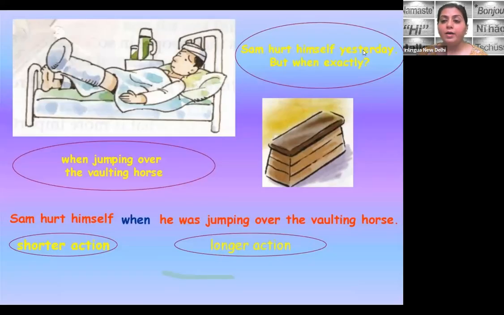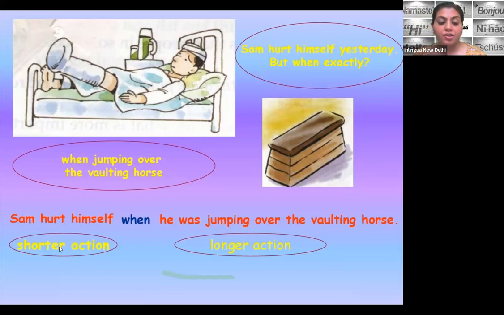Sam hurt himself yesterday. But when exactly did he hurt himself? When jumping over the vaulting horse. A vaulting horse is a piece of wood like this, which we use in games. Sam hurt himself when he was jumping over the vaulting horse.